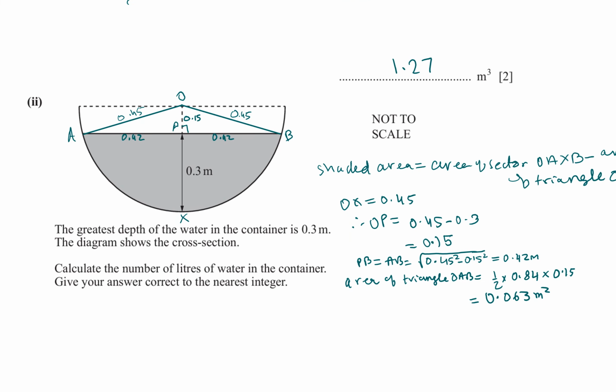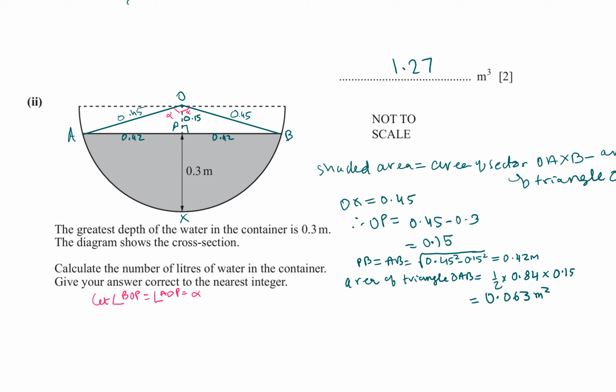Now to find the area of the sector, we need to do one more thing, that is we need to know the angle AOB. So what is this angle AOB? If I say that this is alpha and this is alpha, let angle BOP be equal to angle AOP, equal to alpha.